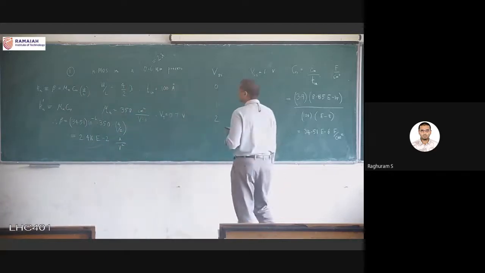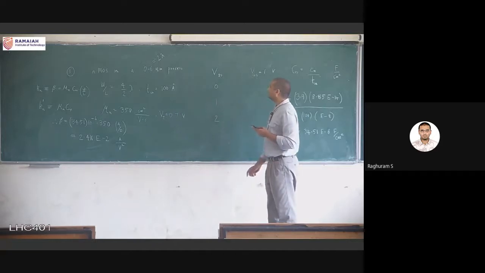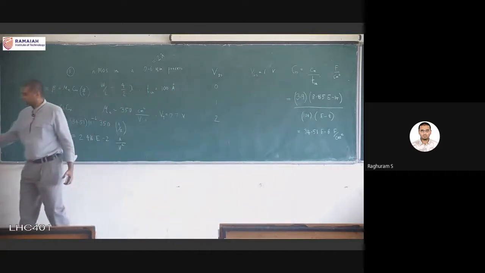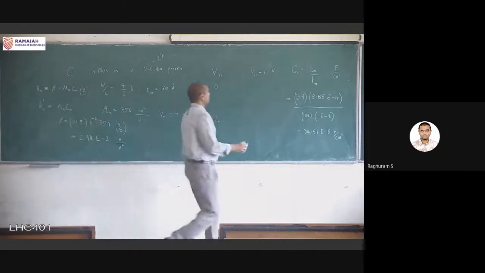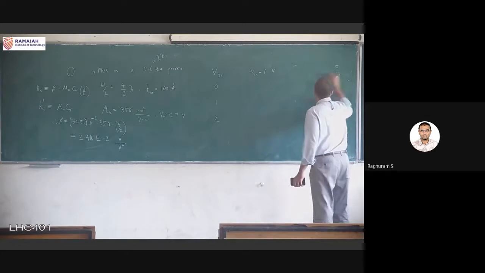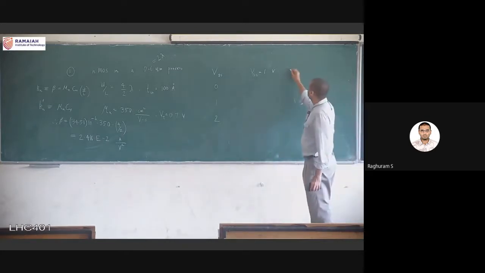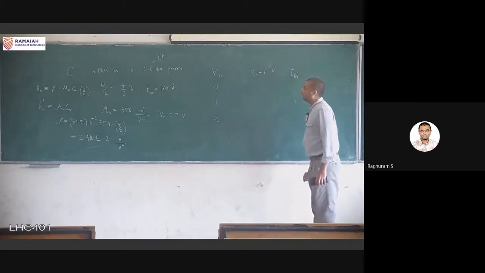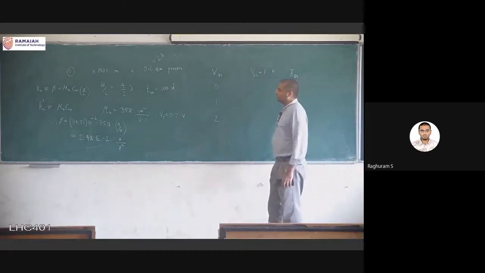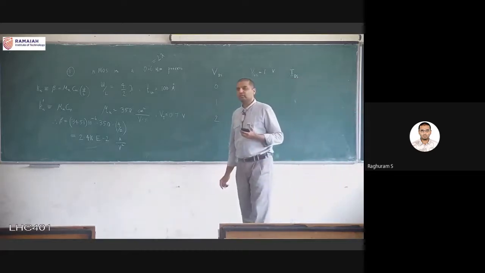So let us start with the first case. I want the value of current. Start with the first value, VDS, VGS. Always we check two things.